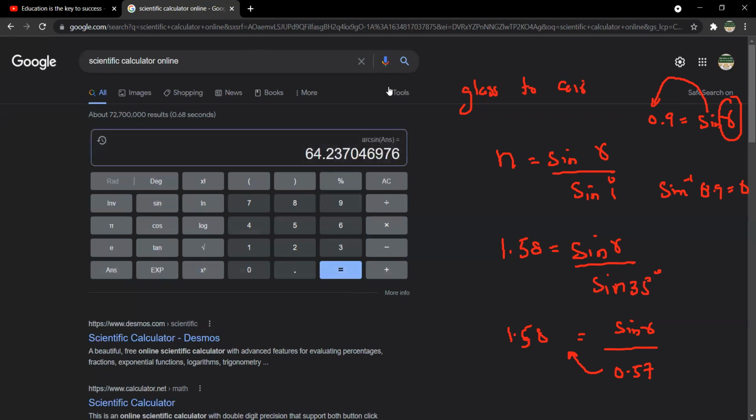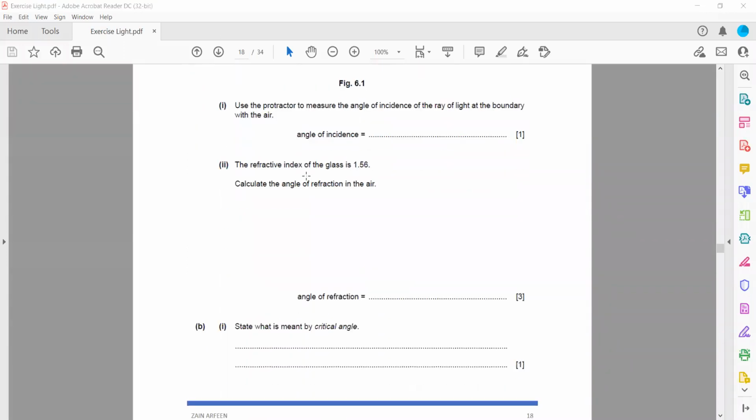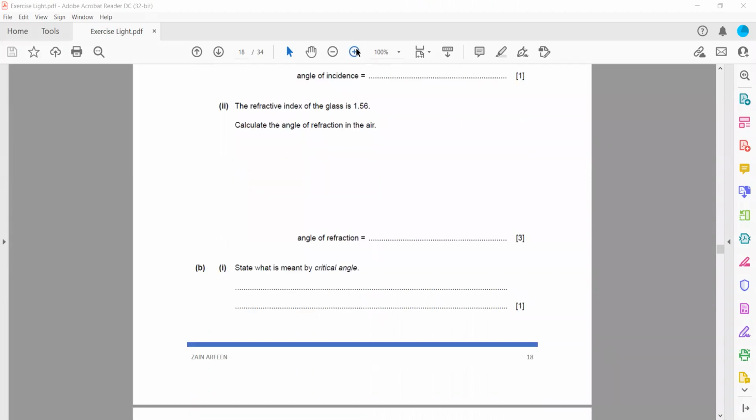So it will give us 64.3. So this will be 64.2 degrees, the angle of refraction. So here, the angle of refraction, when we substitute the values, we'll get 64.3. Is it clear, this question?